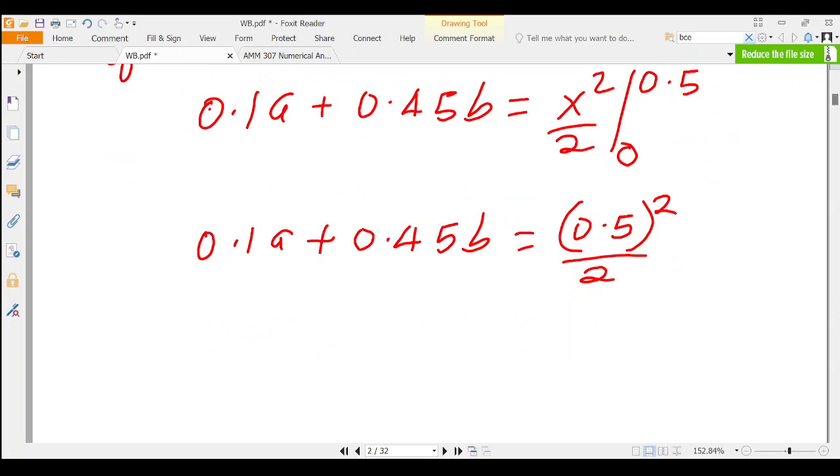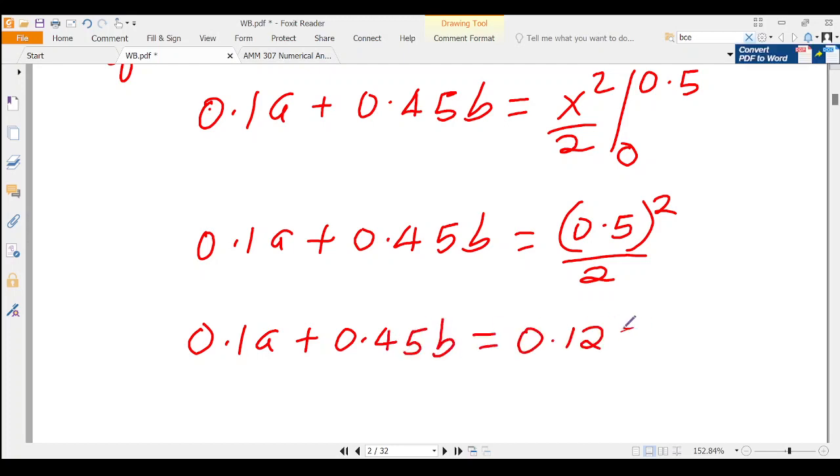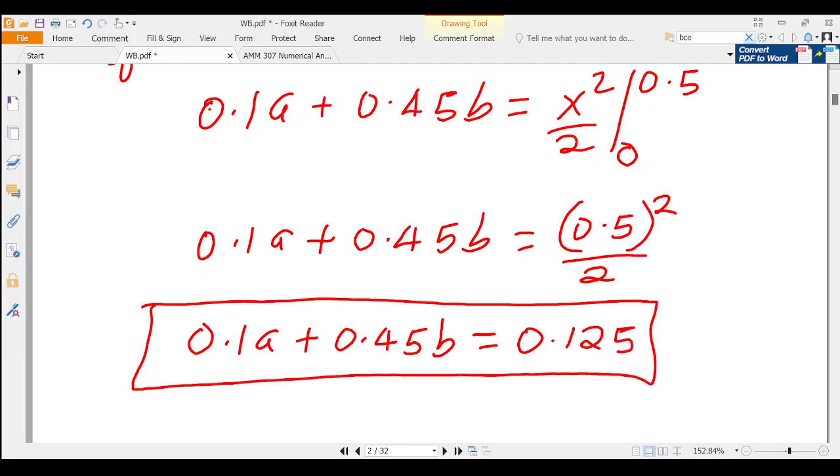So 0.1a plus 0.45b is equal to 0.125. This is a second equation with two unknowns. I'll call it equation 2.